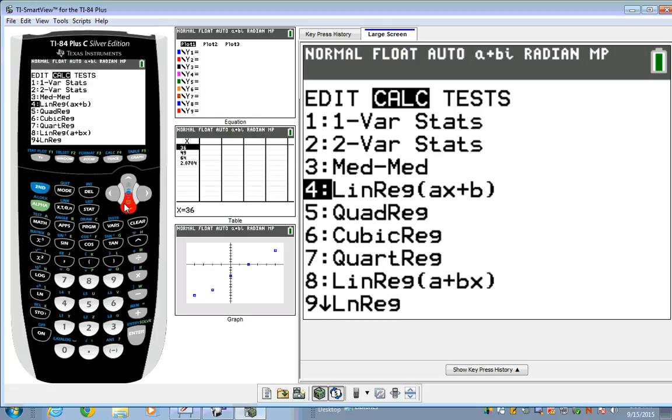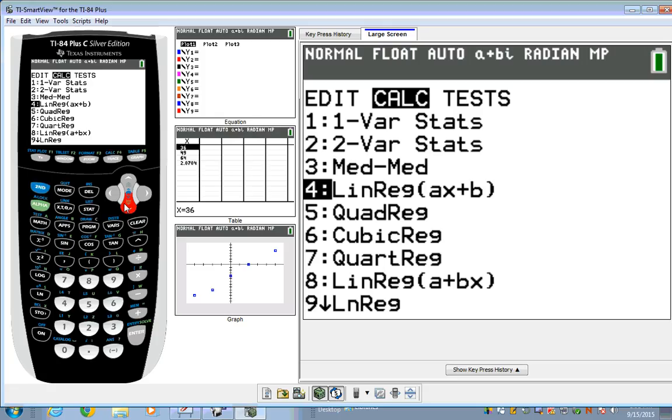And what linear regression does is it makes a lot of calculations that decide how far up or down above a line are the data points, so it's finding you the best fit possible. So we want to let this do its own thing. We don't want to have to do it ourselves. So let's let the calculator do the linear regression.